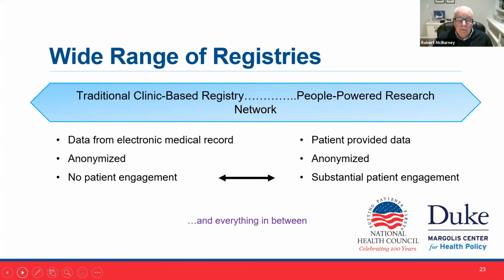The key feature of the people-powered research network is that it has substantial patient engagement. And of course, there is everything in between those two examples, and occasionally a registry that has everything. Next slide, please.